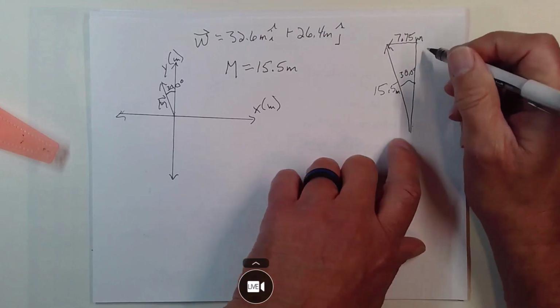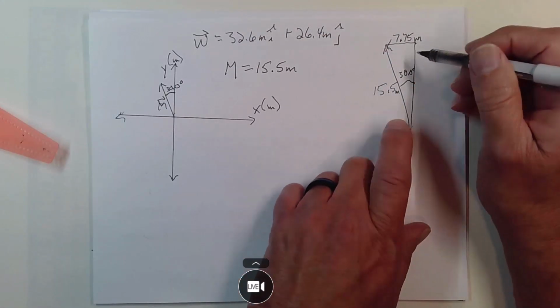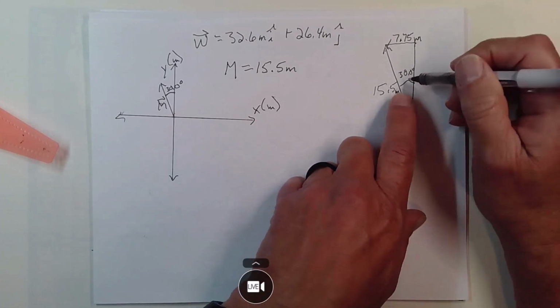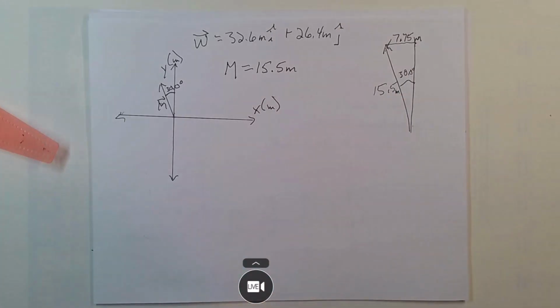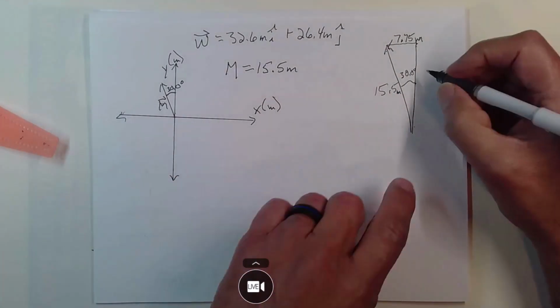Cosine of 30 I can't get so easy, but this side divided by the hypotenuse will be the cosine of 30, or this side will equal 15.5 cosine of 30, and that will be 13.4 meters.